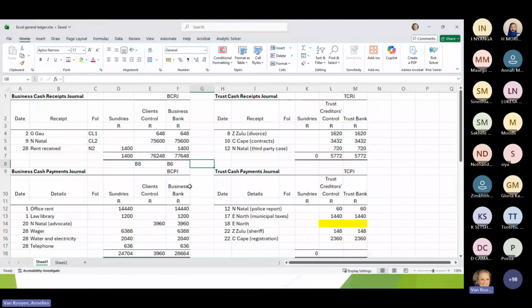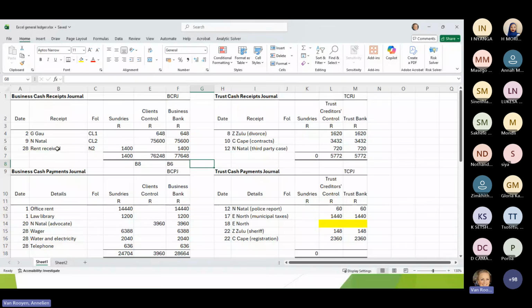So this Gigao is a client. It goes to the client ledger and his account is number 1. In Natal, this amount goes to client ledger number 2. His account is number 2. Rent received, wages, water, electricity, office rent, all of those go to N for nominal accounts.